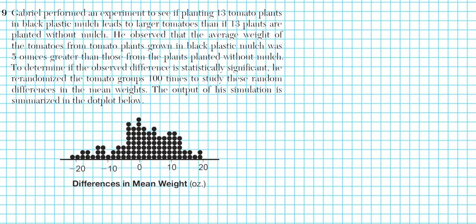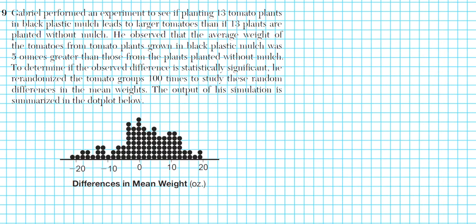Alright, let's take a look at question 9. It says, Gabrielle performed an experiment to see if planting 13 tomato plants in black plastic mulch leads to larger tomatoes than if 13 plants were planted without mulch. He observed that the average weight of the tomatoes from tomato plants grown in black plastic mulch was 5 ounces greater than those from the plants planted without mulch.